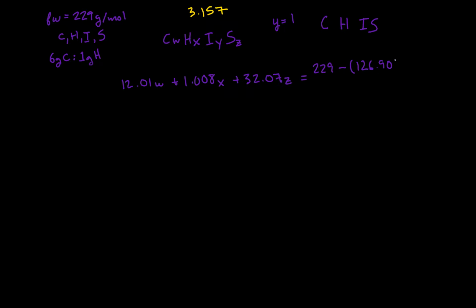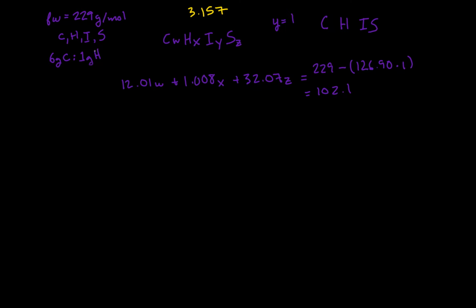Because Y is 1 in this case, multiplied by 1 means 229 minus 126.9 gives us 102.1. All right, now we'll keep going.